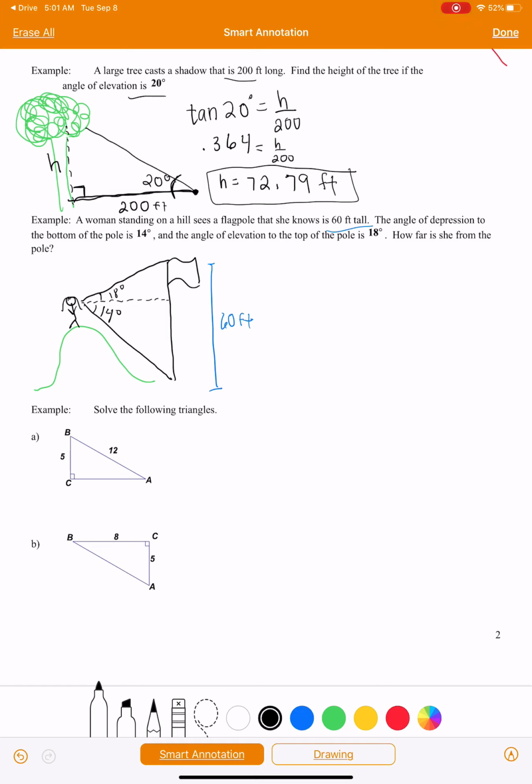Well, I have, in a sense, just created two right triangles, creating this line that's parallel to the ground. So I'm going to treat this like two different triangles. I have my triangle on top, and then I have my triangle on the bottom.